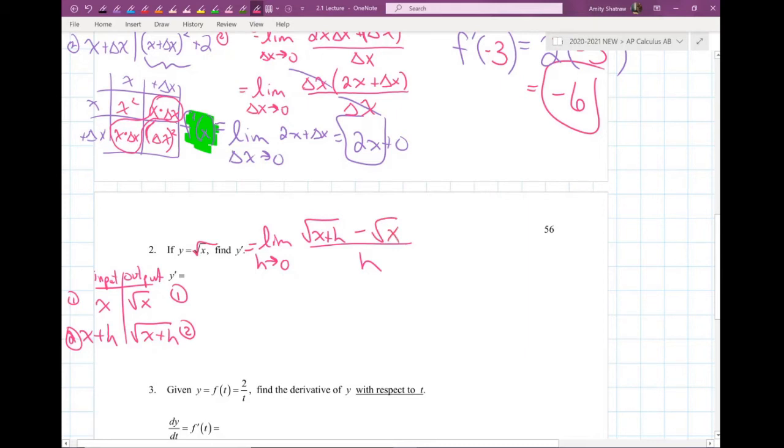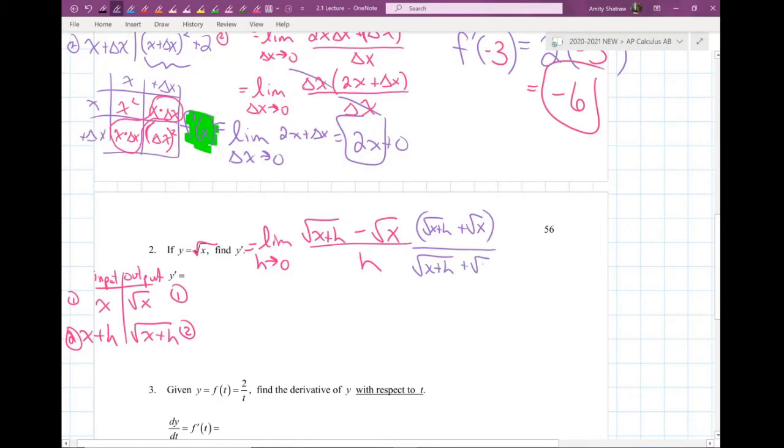Aha, the difference quotient. You're looking for some h's to cancel out. The only way that you're going to do that is by multiplying by the conjugate. And so right now, I'll tell you the conjugate is going to be the square root of x plus h plus the square root of x. And I'm doing this on top and I'm doing this on bottom. So this was tough.